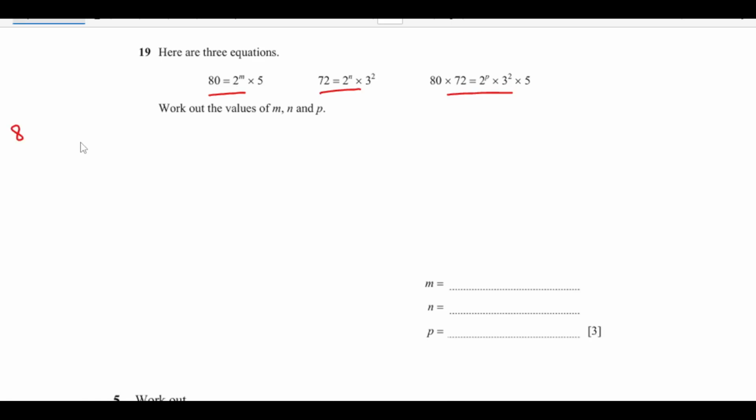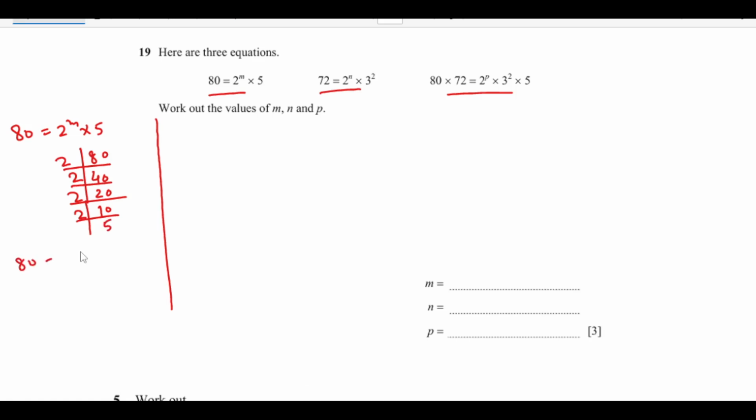We have 80 is equal to 2 power m times 5. So if I make the factors of 80, 80 divided by 2 is 40, divided by 2 is 20, and then 2, 5. So this 80 can be written as 2 power 4 into 5, right?